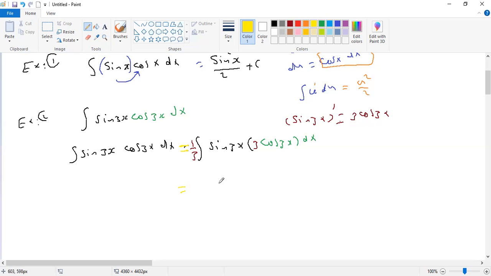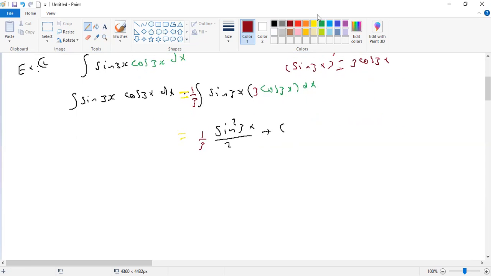So what about now the integral? The integral of u du is u squared over 2, so sine squared 3x over 2 plus c. But before the integral, we have 1 over 3. So the answer is 1 over 6 sine squared 3x plus c.